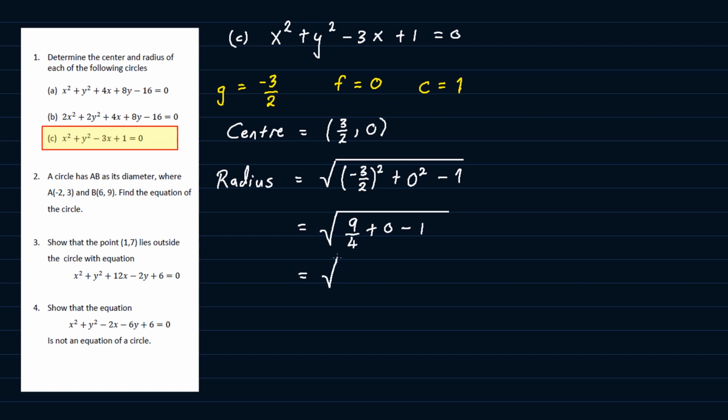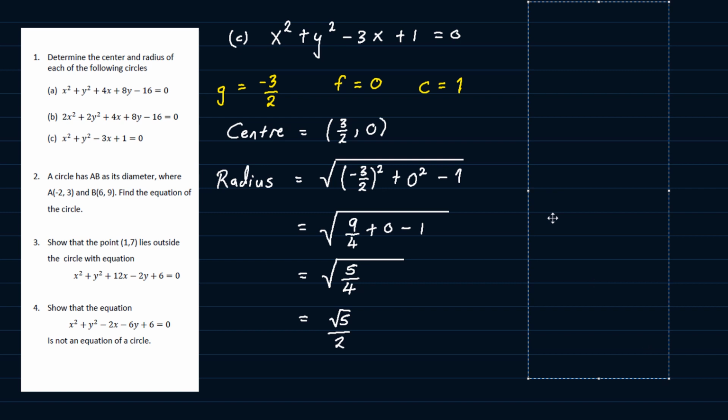So we can just simplify this to 9 over 4 minus 1 will give us 5 over 4, which can be written as root 5 over root of 4, which is 2. So this is the exact value of the radius of the circle here. So we're done with part C. Now we'd want to move on to number 2.